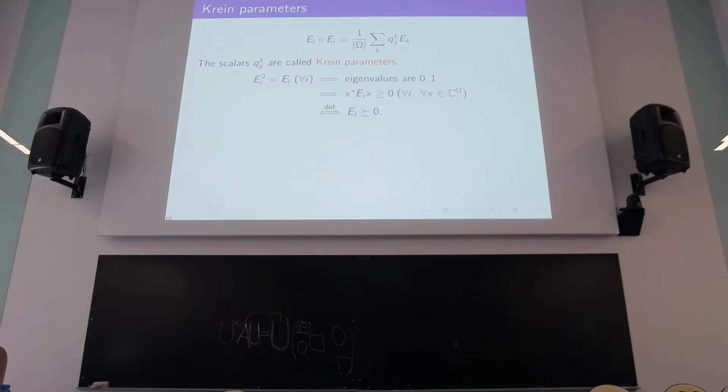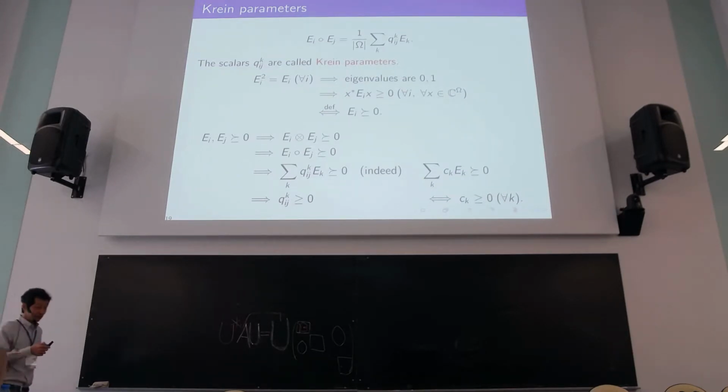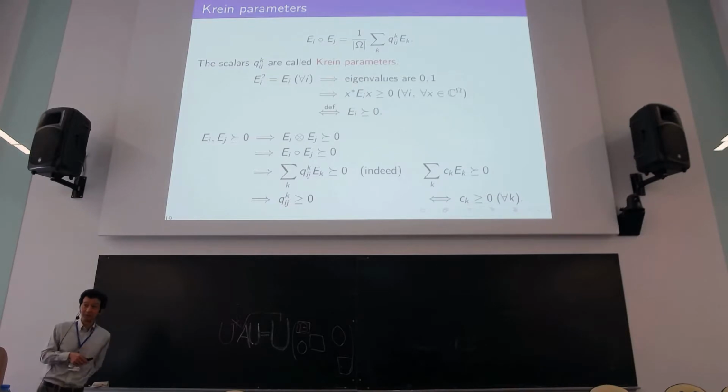And this curly inequality is the shorthand notation for positive semi-definiteness of a matrix. So the primitive idempotent E_i is positive semi-definite. Now, how do I prove that these coefficients are non-negative? Well, we just have to show that the left-hand side is positive semi-definite. But it turns out that is quite immediate, because if you have two positive semi-definite matrices, then their Kronecker product is also positive semi-definite.